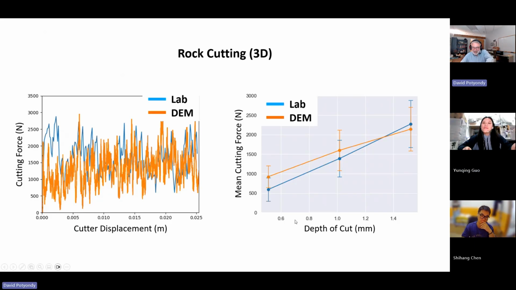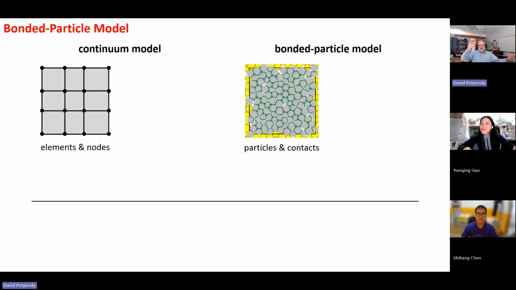And you can see that as you make the depth of cut bigger, it takes more force. And here's an example showing they were able to construct a 3D discrete element model, and they're getting the same quantitative response, which is super cool. So that's what I'm talking about there.